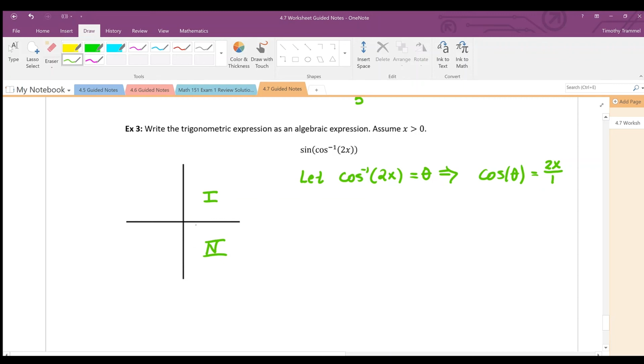Now the next thing is that cosine inverse is restricted to quadrants 2 and 1. Cosine inverse gives you angles between 0 and pi. So it can't be this one. We have to be in the first quadrant again. So let's sketch that first quadrant angle. And we're going to make a triangle out of this.